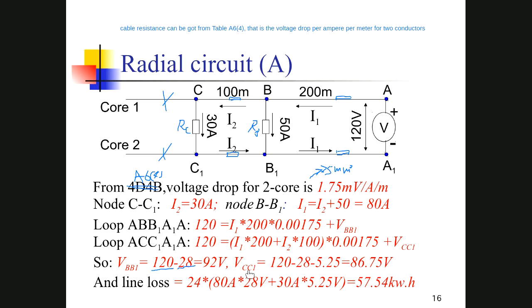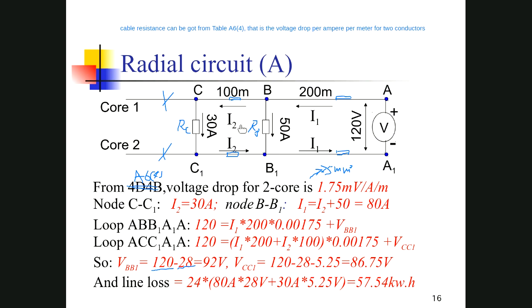Now for load C, the source voltage is 120 volts. The voltage drop across the first 200 meters is 28 volts.